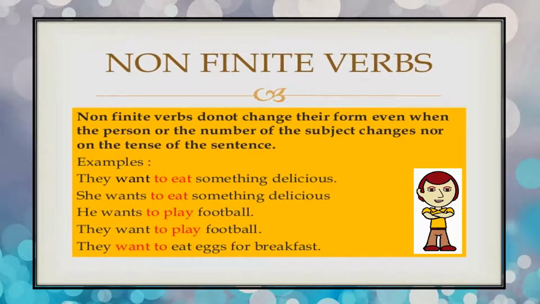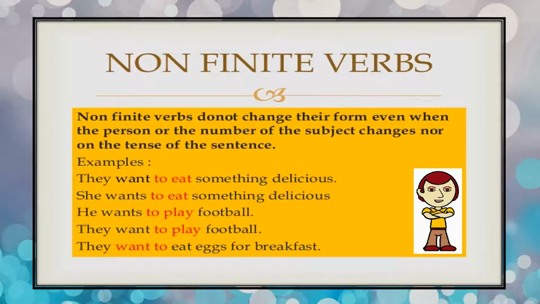Non-finite verbs. Non-finite verbs do not change their form even when the person or the number of the subject changes, nor on the tense of the sentence. Let's see the examples. They want to eat something delicious. Here, they is plural and the verb is to eat. She wants to eat something delicious.